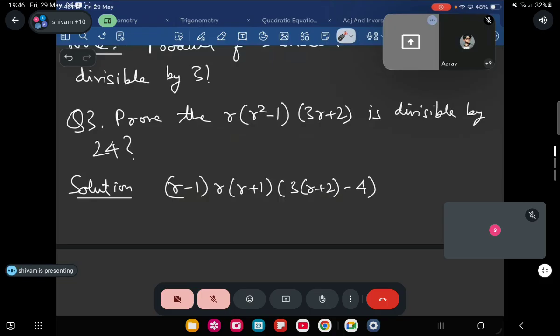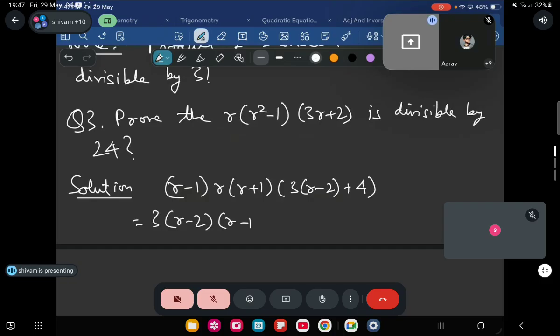Yes or no? Or you could have also broken it like this: 3 into r minus 2 plus 4. So everyone, pay attention, when you open the brackets, this will become 3 into r minus 2 into r minus 1 into r plus 1, plus 4 into r minus 1 into r plus 1.